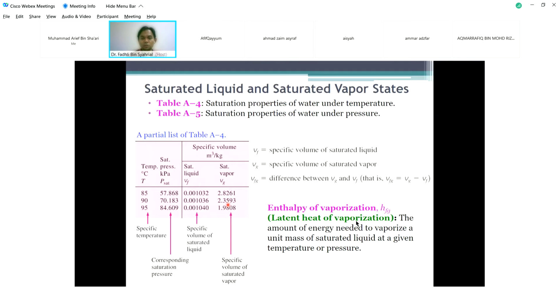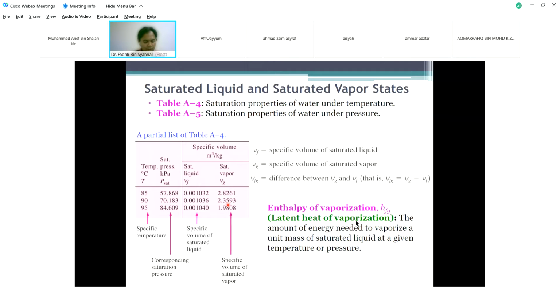G is referring to gas ataupun saturated vapor. So the internal energy for saturated vapor at 90 degrees C, the value is 2494. Itu value-nya.